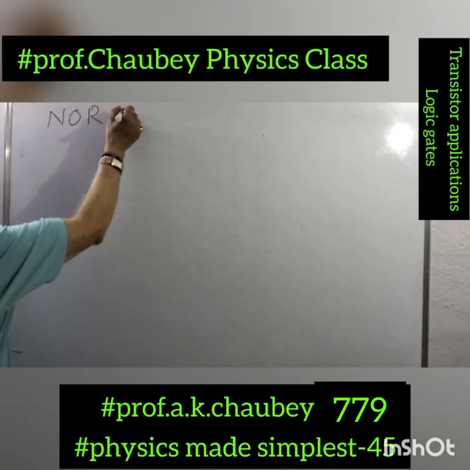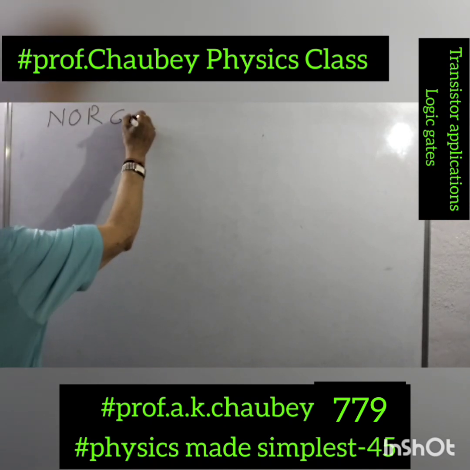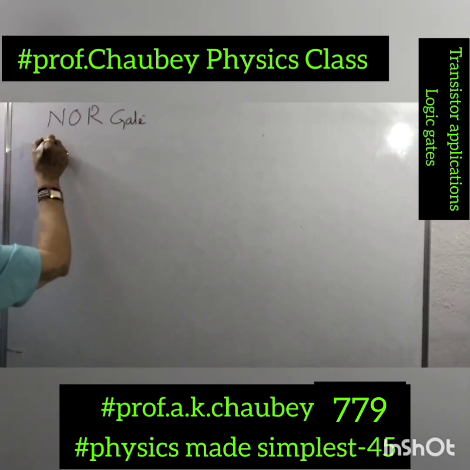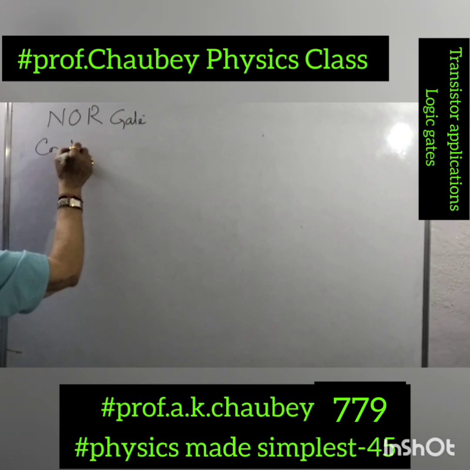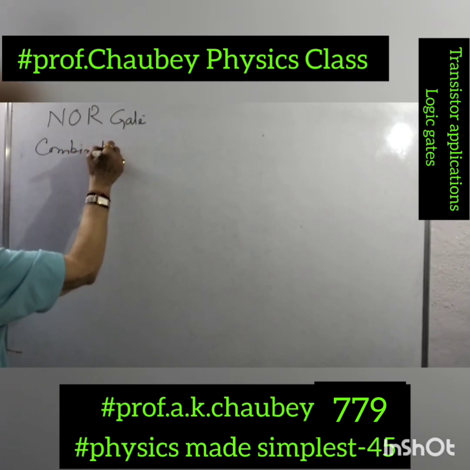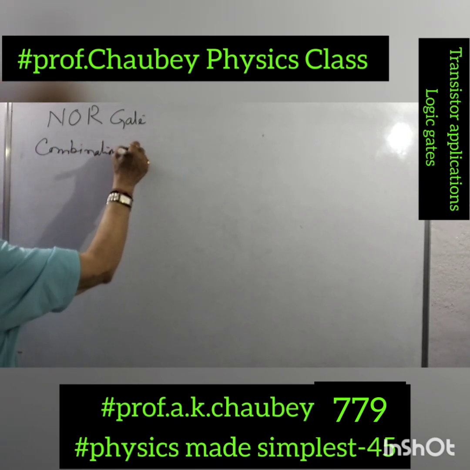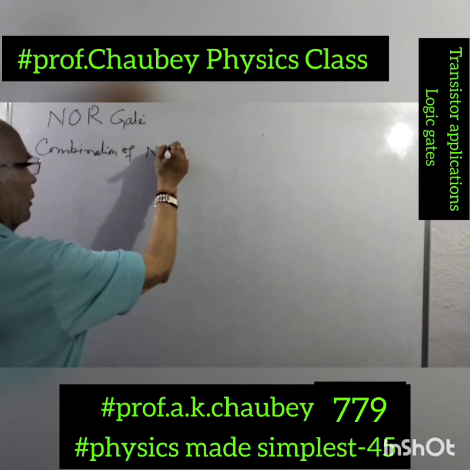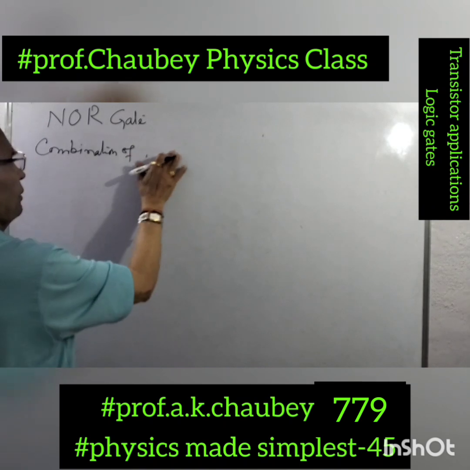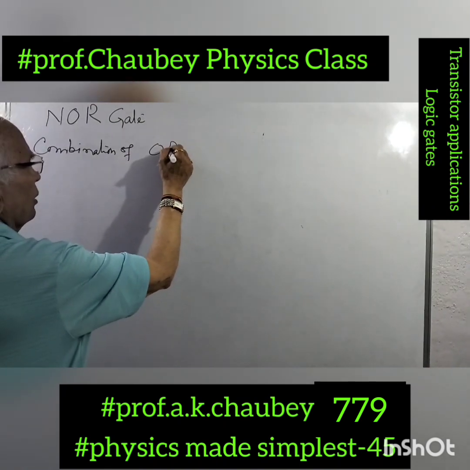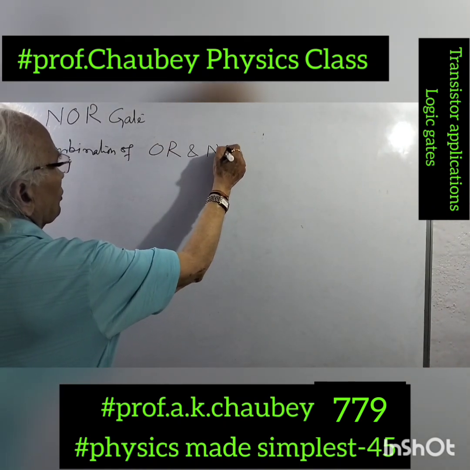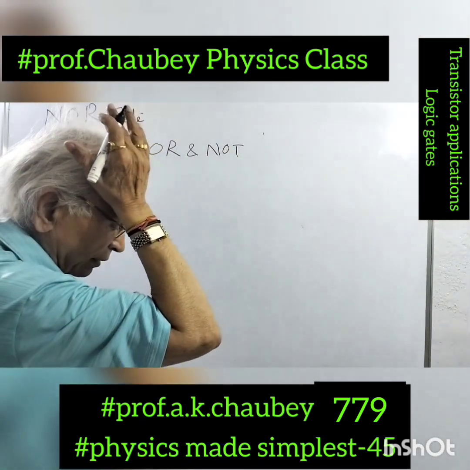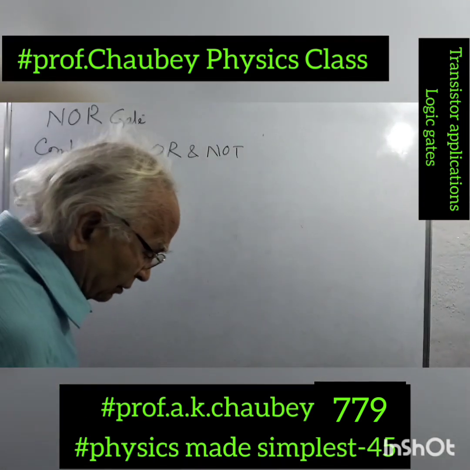NOR means a combination of, first we write OR and NOT. We combine OR with NOT, and we will get the NOR gate.